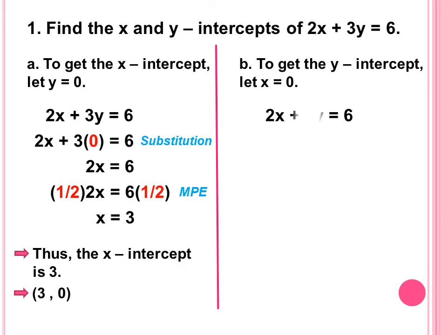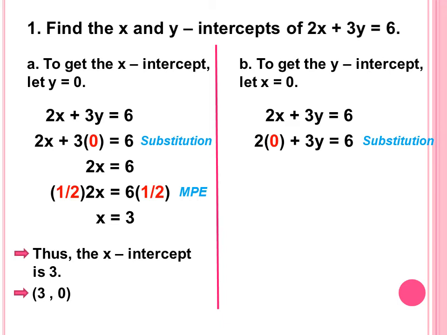So first, write down the given equation. 2x plus 3y is equal to 6. And then, papalitan natin ngayon si x ng 0. This will be 2 times 0 plus 3y is equal to 6. That is by substitution, because we just substituted the value of x in the equation.